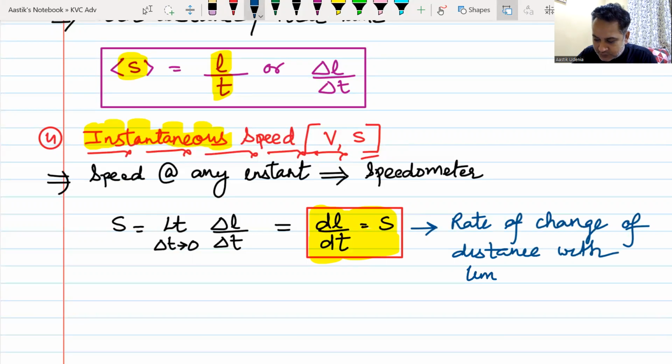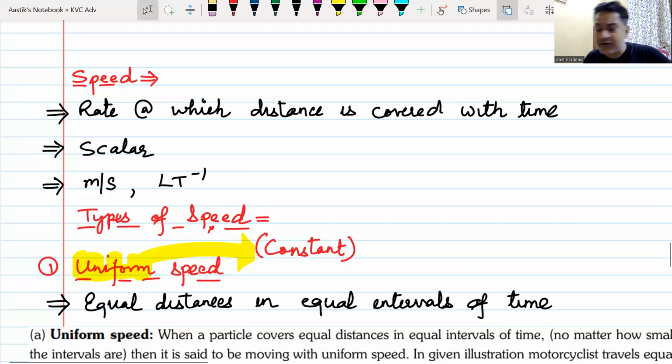Now, look at what we had written in the definition of speed. We had also written the same thing. It is the rate at which the body covers distance with time. Why I'm telling you all this is because if you're on a bike and I ask you, what is your speed? You're going to tell me your speed at that point.